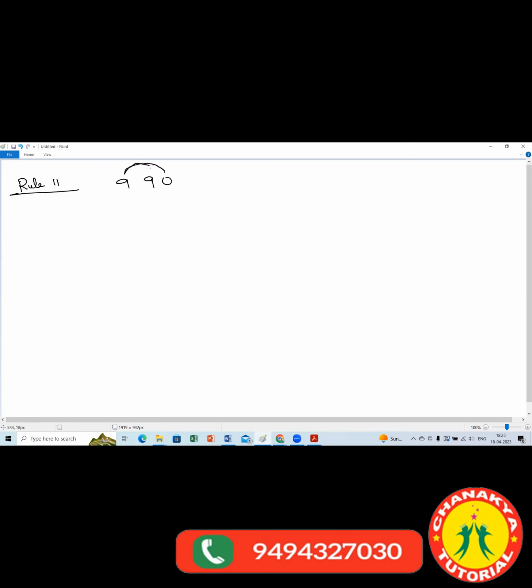We calculate the sum of alternative digits, and the difference of these sums should be either 0 or a multiple of 11. Now you check.